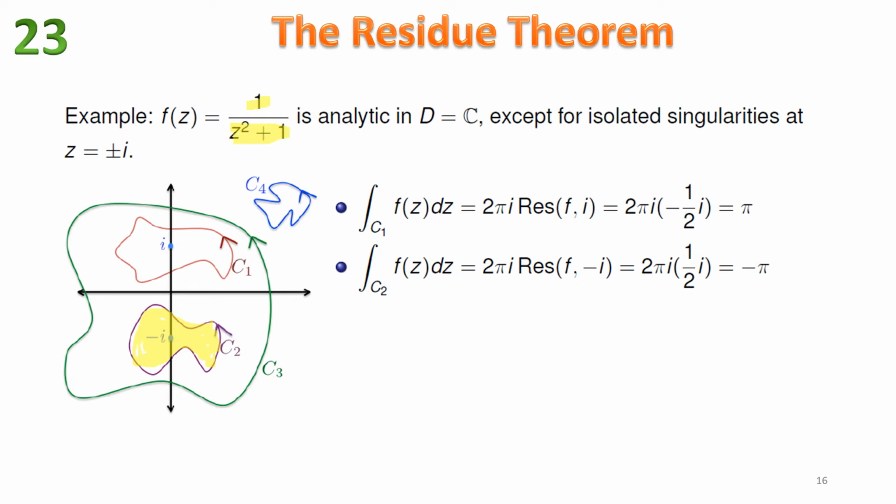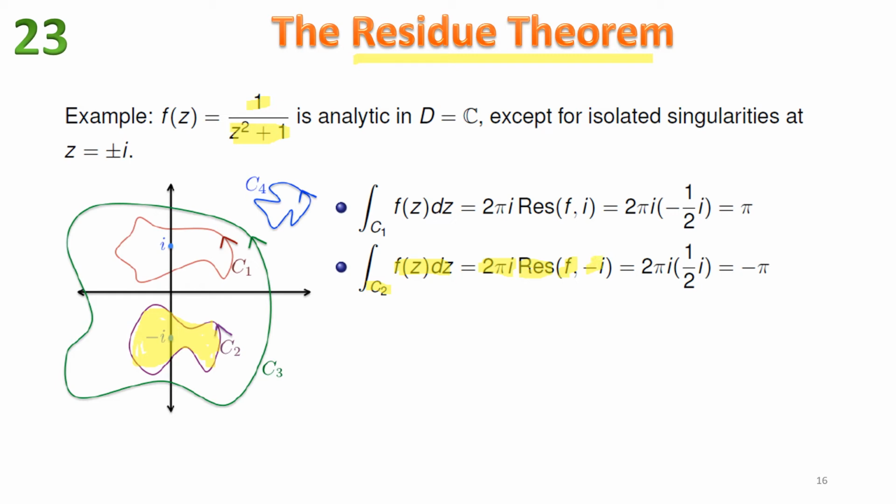Now here the integration of f(z) dz over C2 is, by the Cauchy integral formula, that is the residue theorem, 2 pi i times the residue of the function f at minus i.